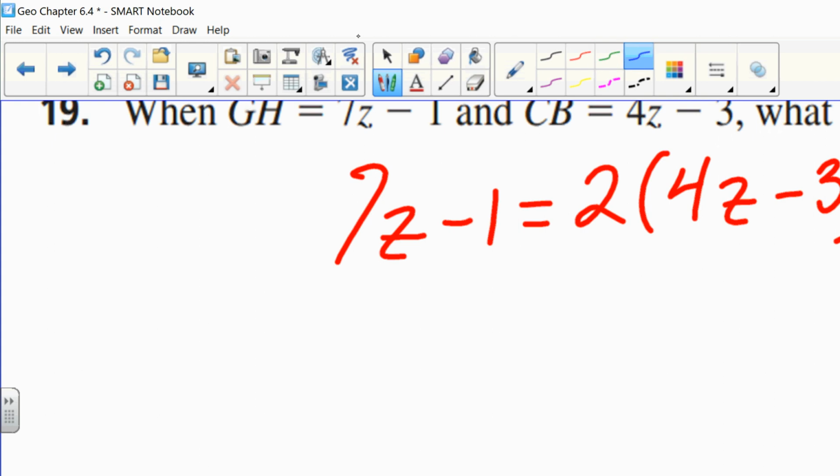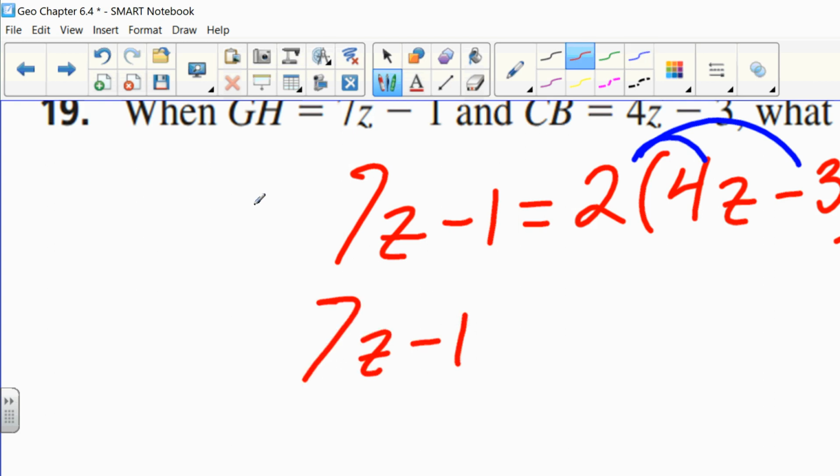So this time we're not multiplying everything by 1/2, we're multiplying the one side by 2, which would give me 7z minus 1 is equal to, well, 2 times 4z is 8z, because we're multiplying by 2. Well, not so much, but I get where the mistake came from. 2 times negative 3 would be negative 6.